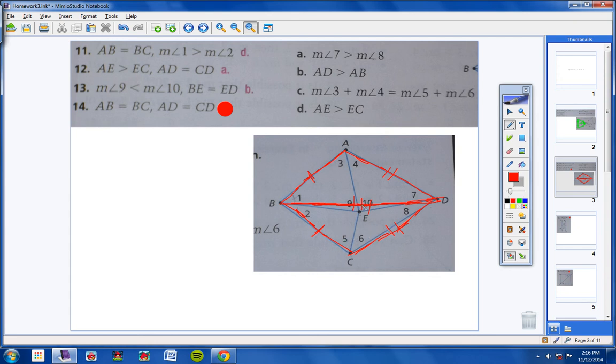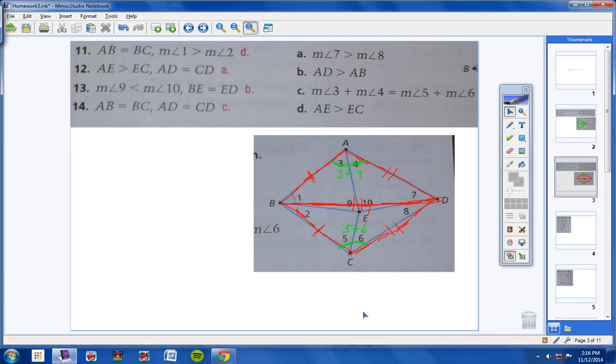Well, if they're congruent, then all of the parts are congruent. So this angle up here has to be congruent to this angle down here, right? This angle up here is 3 plus 4. This angle down here is 5 plus 6. So 3 plus 4 equals 5 plus 6. There you go. All right, C.